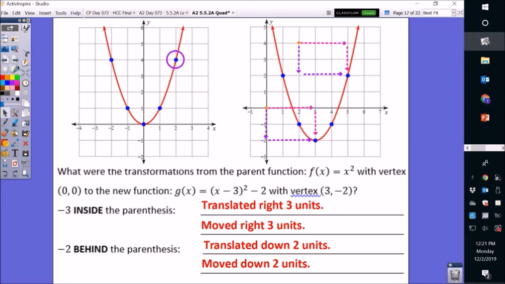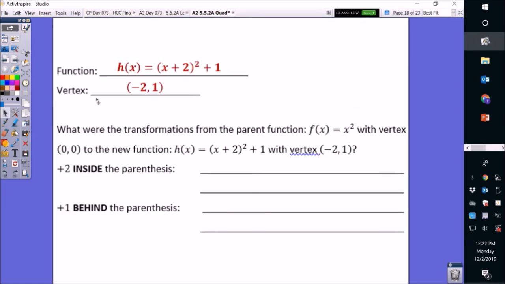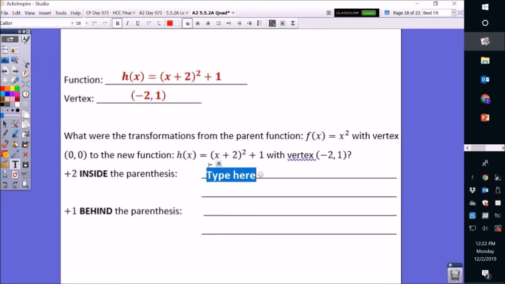If it was the opposite sign, then we can safely say that it went in the opposite direction. So for this one, if it's plus 2 inside the parenthesis with the x, then the opposite direction would be translated left 2 units. You can also write it as move left 2 units.